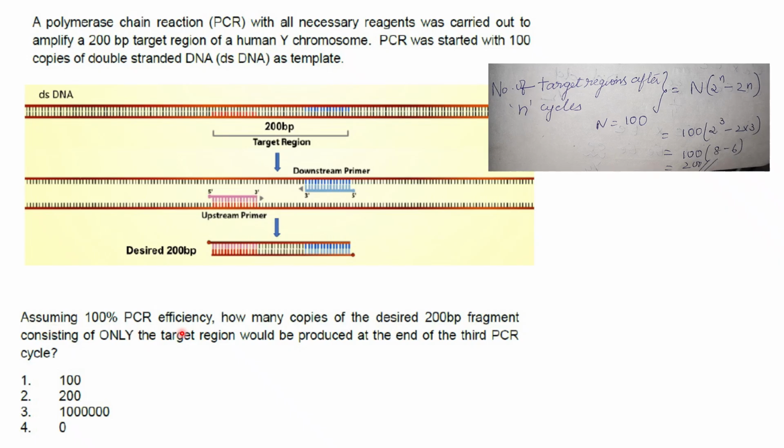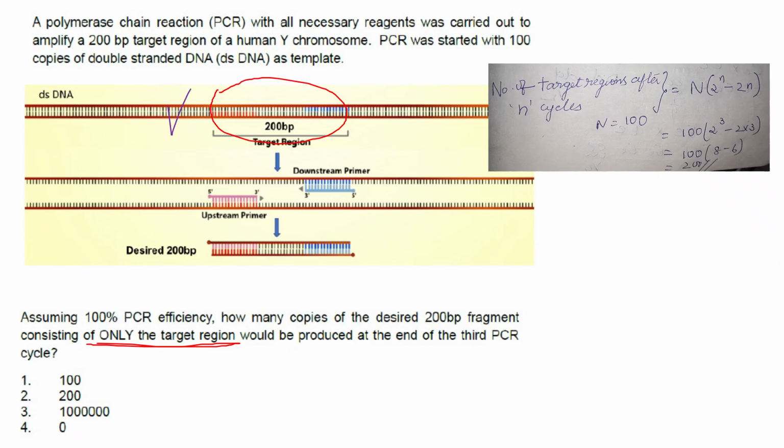So assuming 100% PCR efficiency: Taq polymerase 100% perfect, annealing temperature 100% set correctly, no primer dimer formation, etc. Perfect. How many copies of the desired 200 base pair fragment consisting only, that is the keyword, only the target region, would be produced at the end of the third PCR cycle?